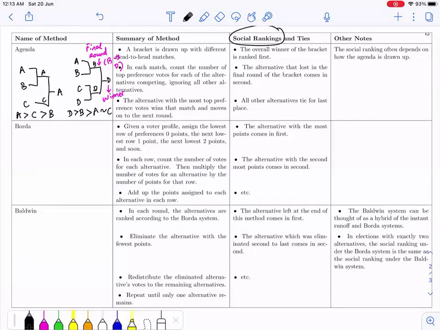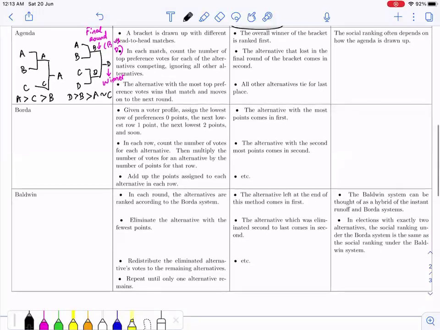The second top preference for every candidate is the second most important, and so on. So the last preference is the least important, so much that it doesn't even matter. It gets 0 points. And then using these weights for preferences, you assign points to each of the alternatives, and then you compare the alternatives based on the total points that they get. Again, we'll understand this with the help of an example.